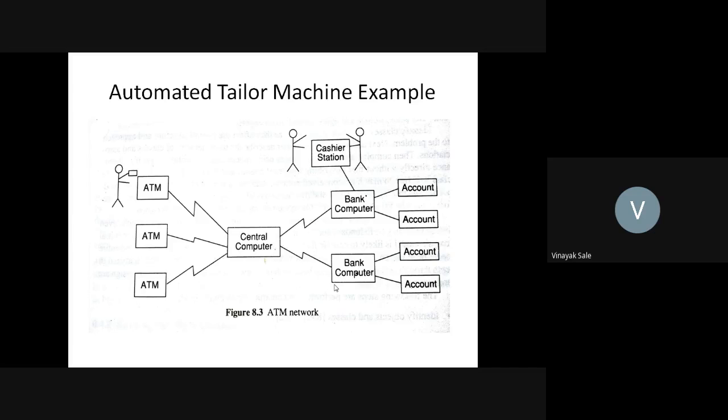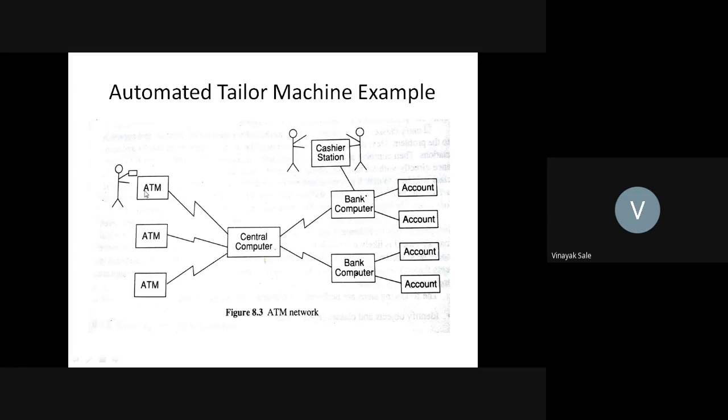This is the example of an automated teller machine. There are a number of ATMs connected to the central computer. There are a number of banks, also connected to the central computer. Whenever I want to withdraw money, there are two ways. First, go to the bank, to the cashier station, and withdraw money.